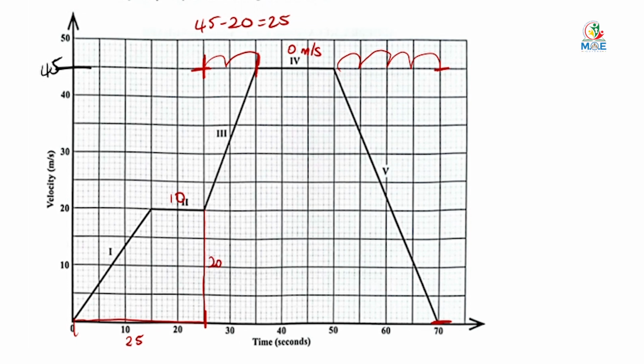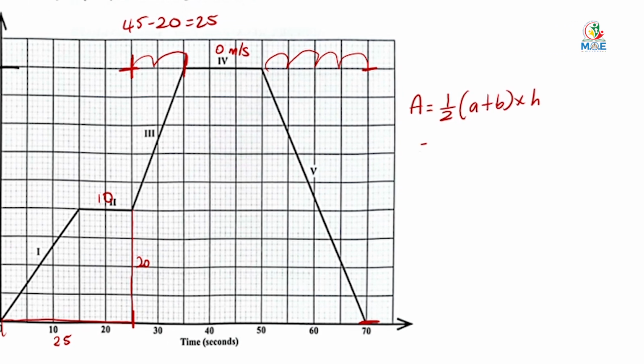So the area of the trapezium would be half the sum of the parallel sides, a plus b, multiplied by the height. So this would be half multiplied by the parallel sides, which is 10 plus 25, multiplied by the height, which is 20.